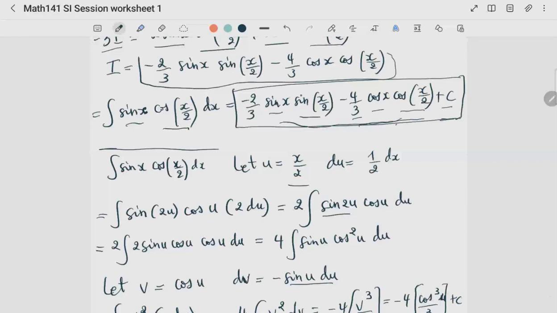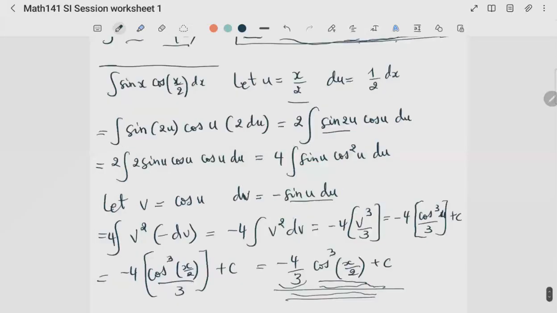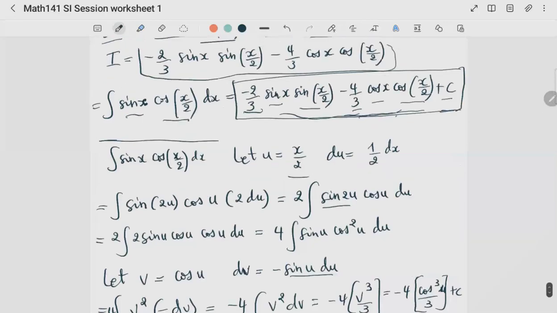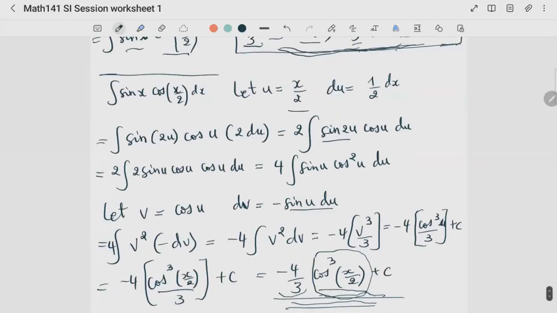We already see that we have something similar because we have our 1/3 there, and it's common already, so we know we are definitely on the right track. We just need to see how we can expand this cos cubed of x over 2 to get this entire expression here. And obviously the constant of integration has to be there as well.